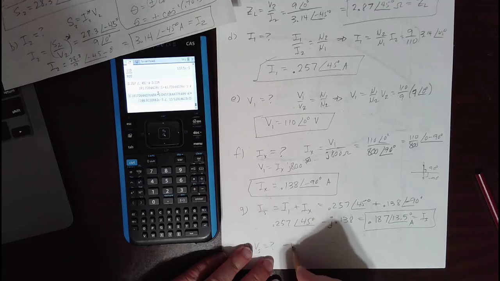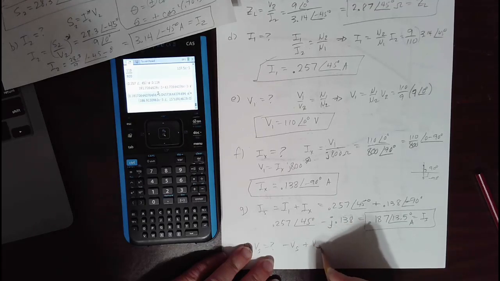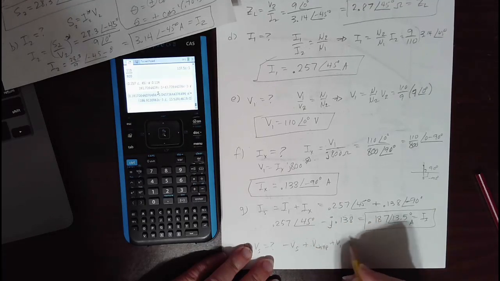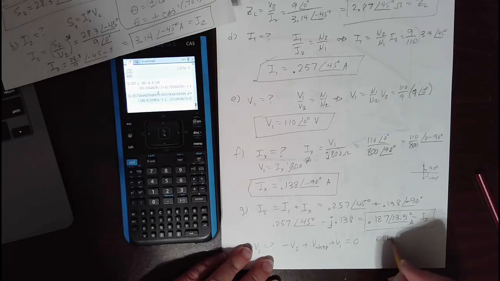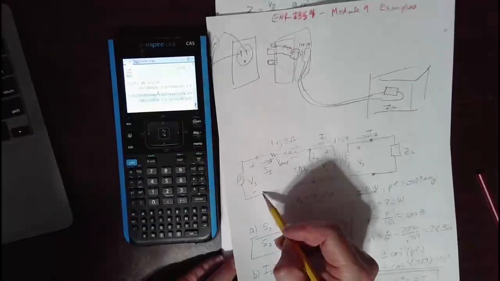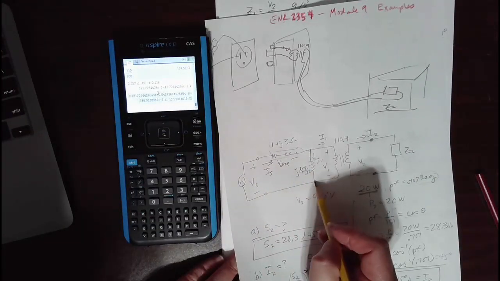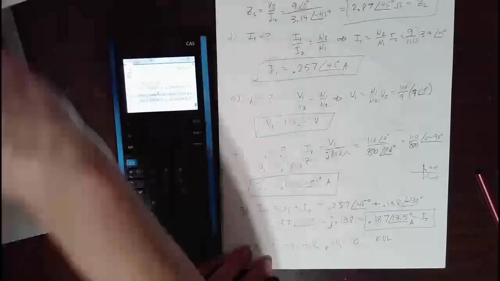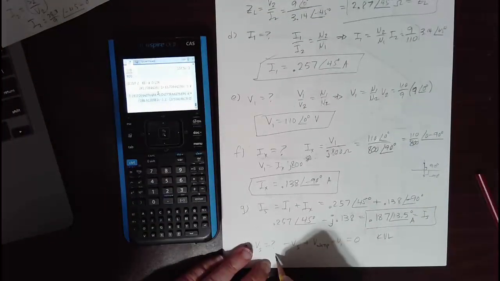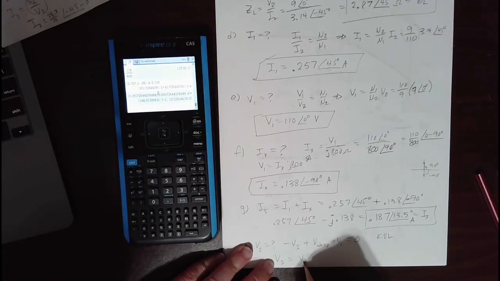We said negative Vs plus V drop plus V1 equals 0 from KVL. So Vs is V drop plus V1.